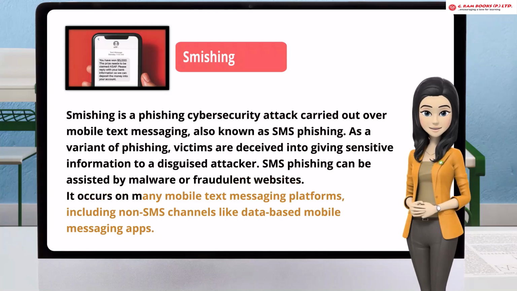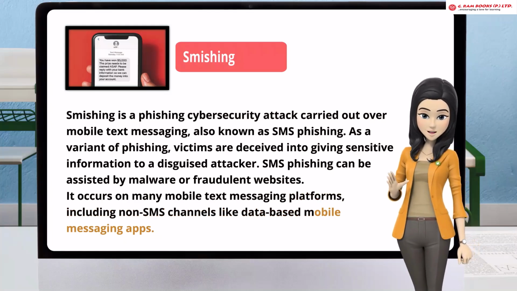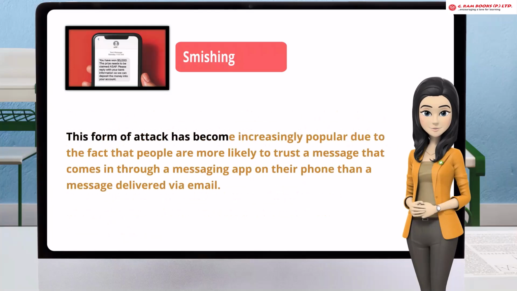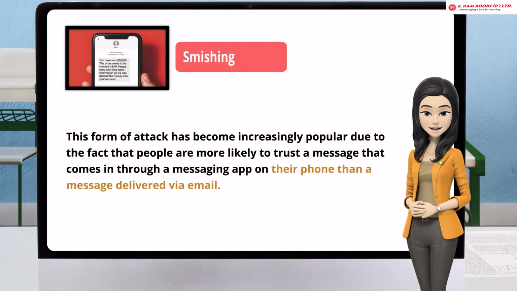It occurs on many mobile text messaging platforms, including non-SMS channels like data-based mobile messaging apps. This form of attack has become increasingly popular due to the fact that people are more likely to trust a message that comes in through a messaging app on their phone than a message delivered via email.